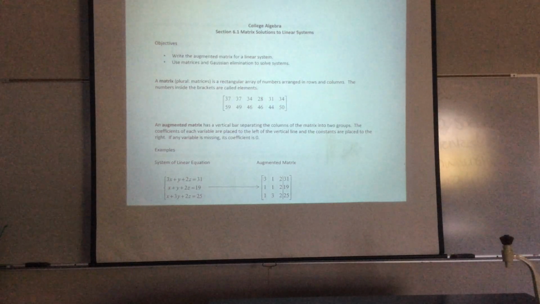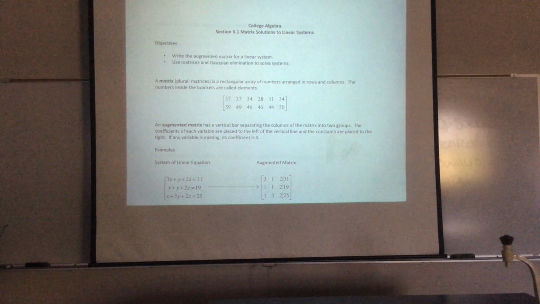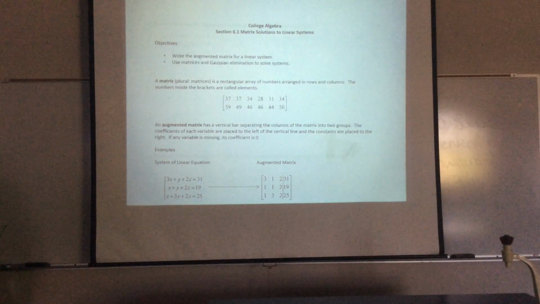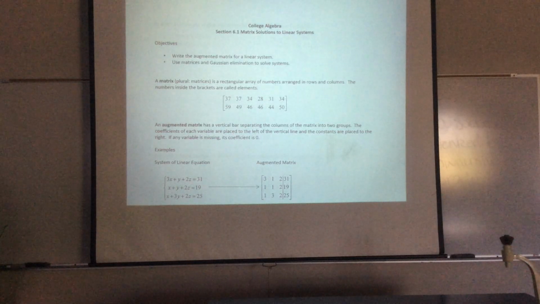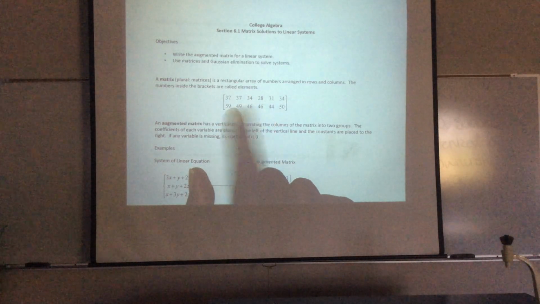Now a matrix, or matrices if we want the plural form, is a rectangular array of numbers arranged in rows and columns. The numbers inside the brackets are called elements. So this is an example of what a matrix looks like.